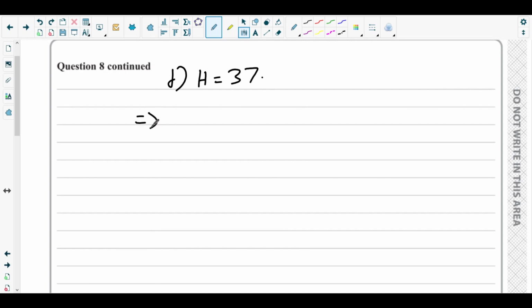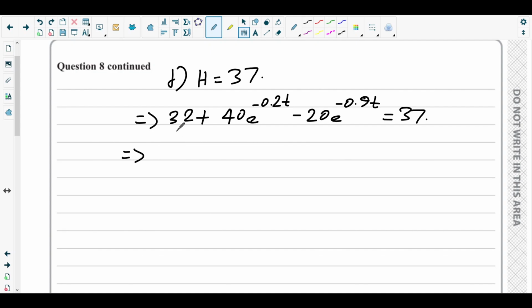So that means 32 plus 40 e^(-0.2t) minus 20 e^(-0.9t) equals 37. Take 32 to the right side, so you'll get 40 e^(-0.2t) minus 20 e^(-0.9t) equals 37 minus 32, which is 5.